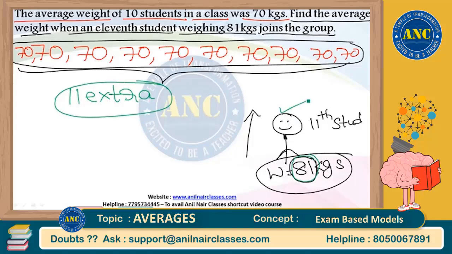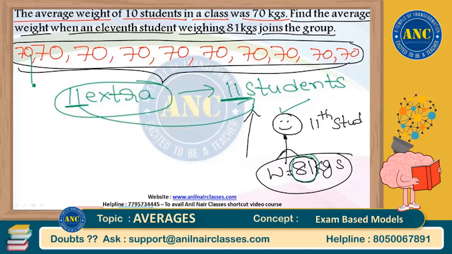And including this person, now there are 11 students inside the class. 11 kgs extra should be equally divided among 11 students. If 11 kgs extra is equally divided among 11 students, each person will get 1 kg, right? Each person will get 1 kg.